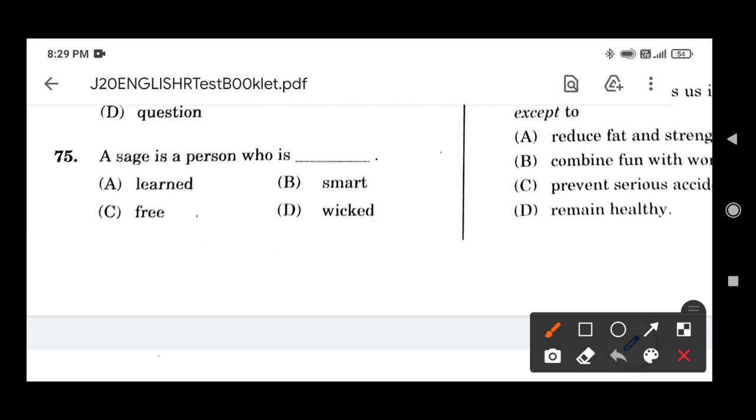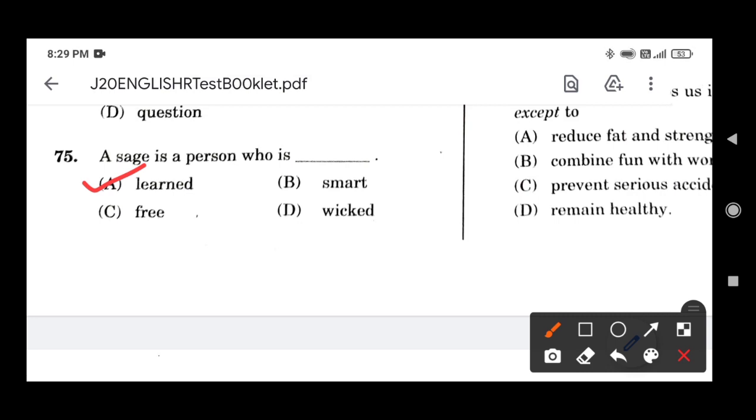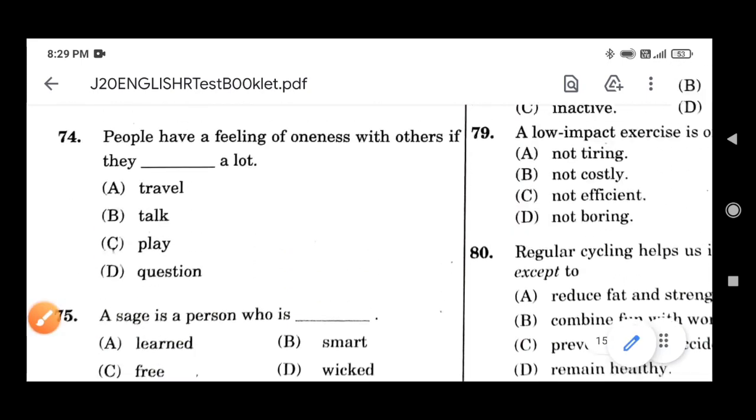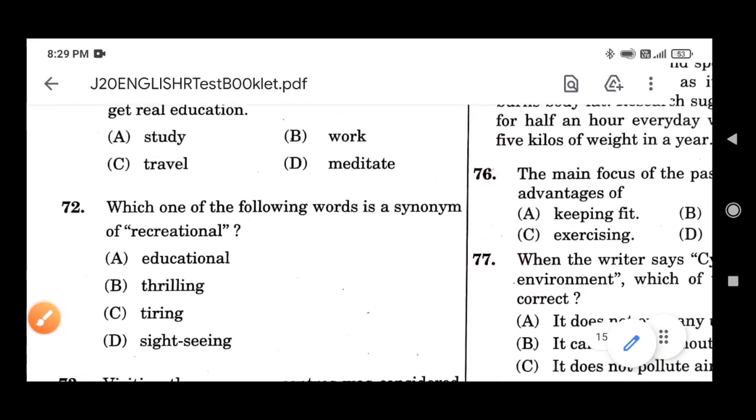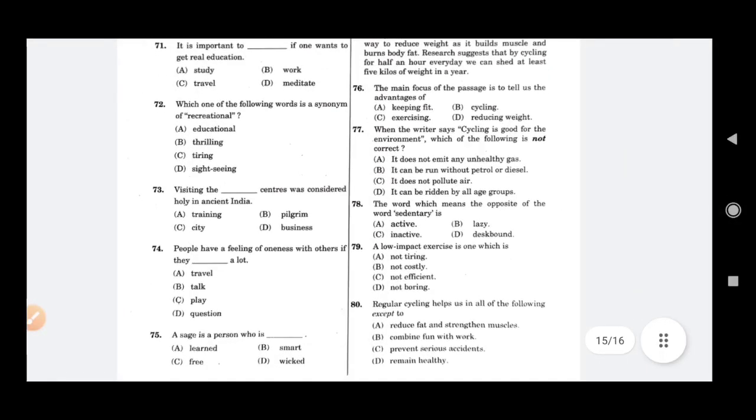So here learned is a related word, the other word for sage. In that way we need to answer the questions.